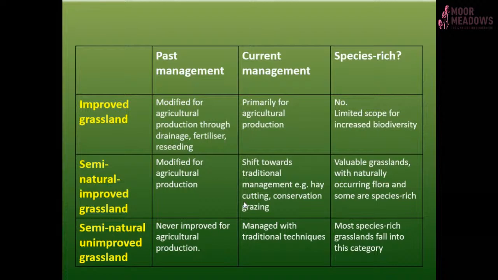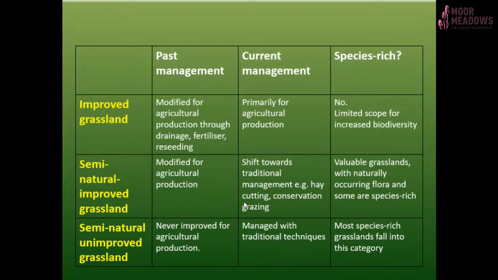And these grasslands, because of their management and because of the fertilizer applied to them, have very limited scope for increased biodiversity. And when I talk about limited scope, I showed you the slide of the silage field with probably no more than 3 grass species present in it. Very limited and probably no real scope for increasing the biodiversity.